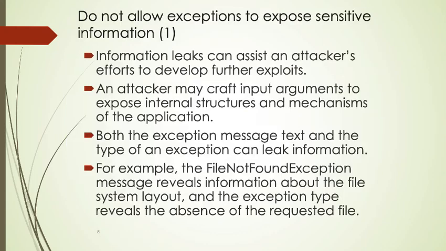So the rule of thumb, or the golden rule in this case, is avoid printing out any exception information other than that which is relevant to the user. But don't just suppress the exception and do nothing. You should account for any method that is supposed to throw an exception.